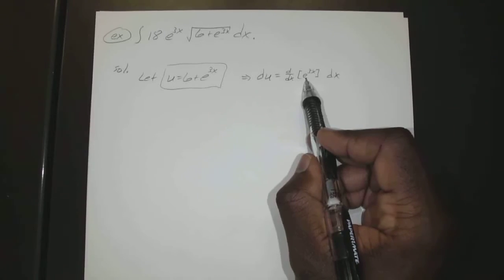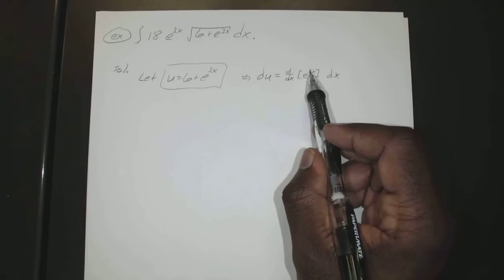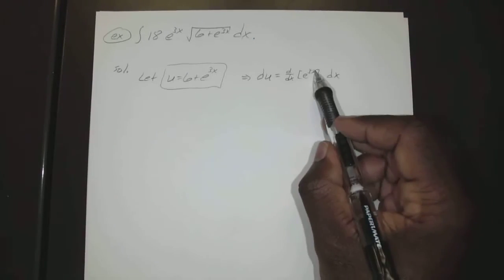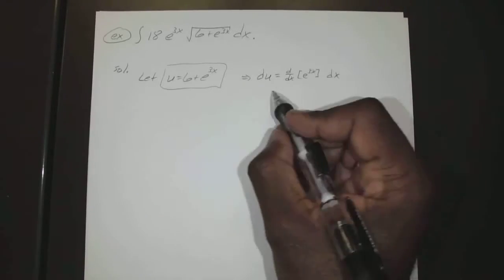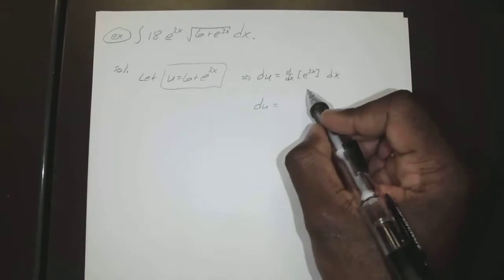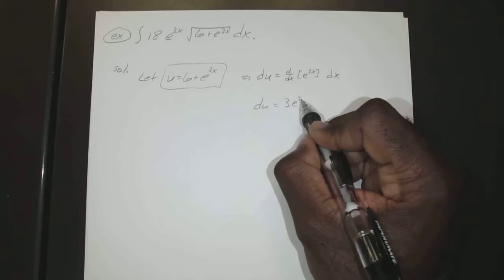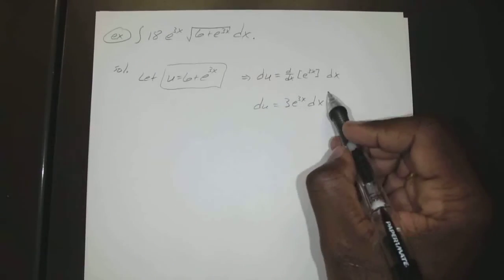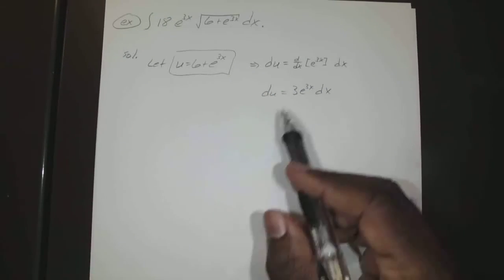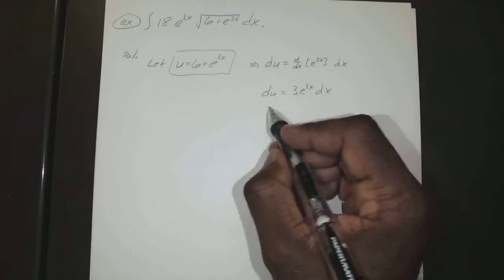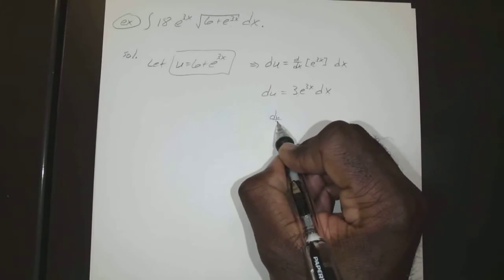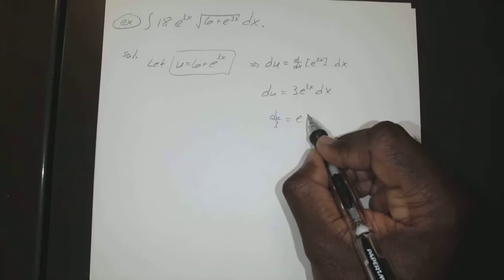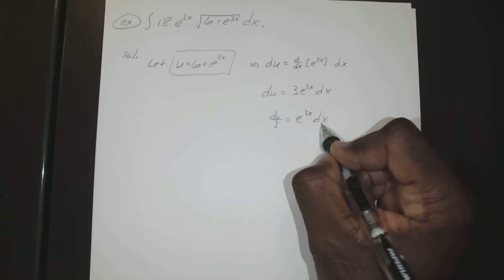Remember that's e to the g of x times g prime of x. So this is 3e to the 3x with respect to x. And divide both sides by 3, or du over 3 equals e to the 3x dx.